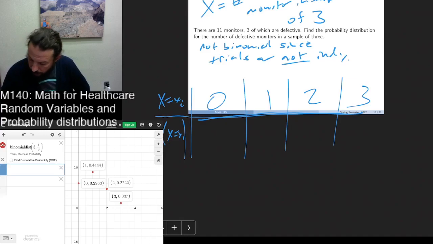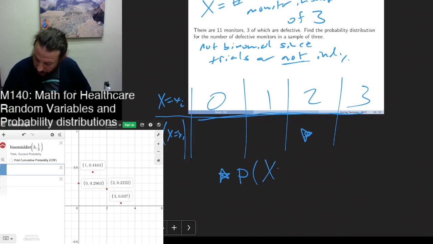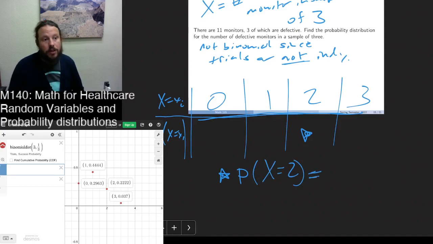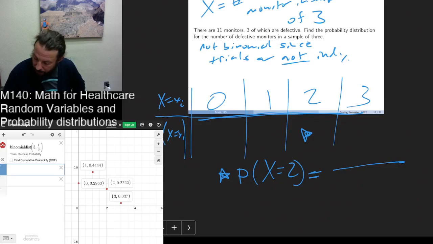Okay. Now, find this probability distribution. Let's look at this guy. The star is going to be the probability that x equals 2. This is the good-bad problems when we did the counting and probability. So when we do the sample space, we count everything together. There's 11, and we're choosing 3.